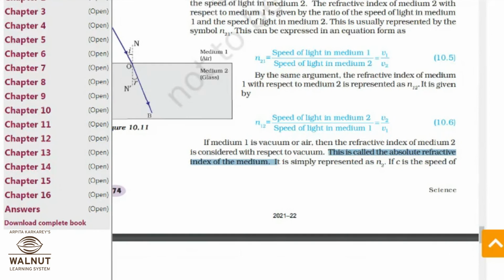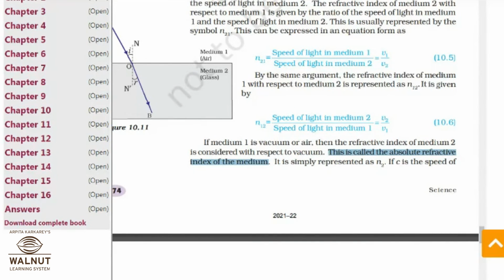Getting it? This is called absolute refractive index. If medium 1 is a vacuum or air, then the refractive index of medium 2 is considered with respect to vacuum. Right? So this is called absolute refractive index of the medium. What is absolute refractive index?